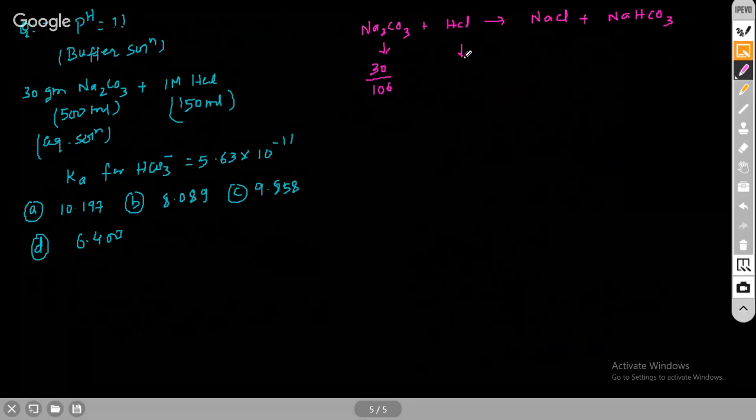And for HCl, the number of moles will be what? It is given 1 molarity. So 1 into 150 is the number of millimoles actually. And here, the number of millimoles, if you calculate for this, will be 30 into 1000 divided by 106. And when you solve this, you'll get 283.